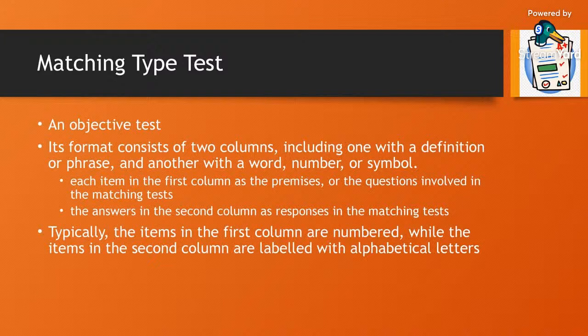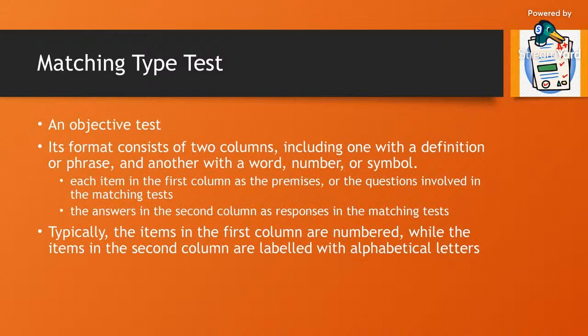Its format consists of two columns: the premise, and the responses. One column has a definition or phrase and the other a word, number, or a symbol. Each item in the first column is called a premise, and those in the second column are called the responses.